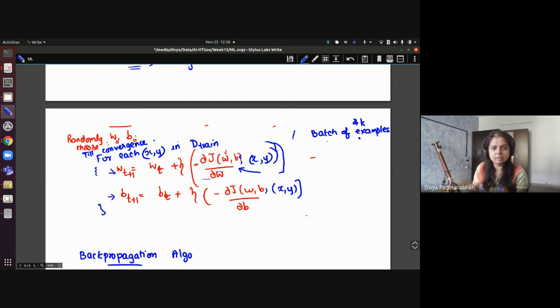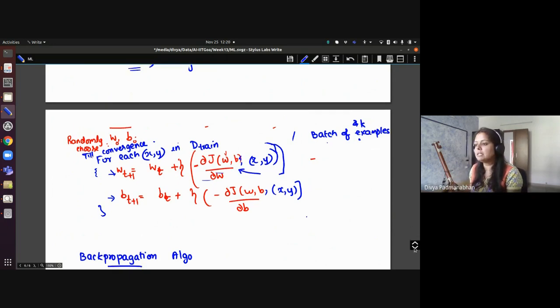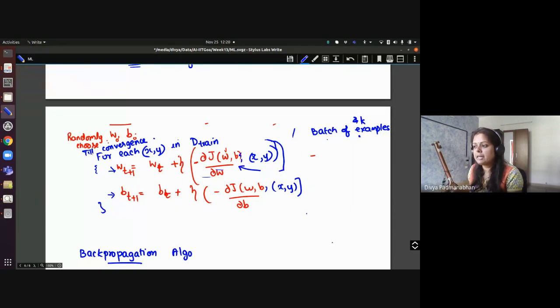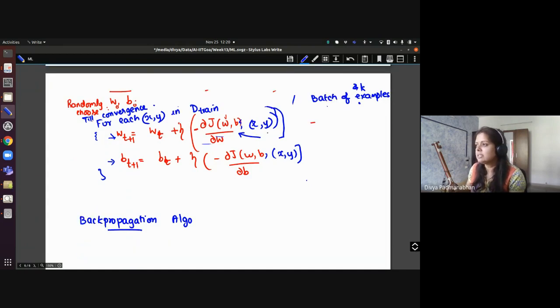So in some sense it's a way to achieve this computation of these gradients. Before we go into back propagation, let's do an example where you use a neural network for images and see how big the network can be.